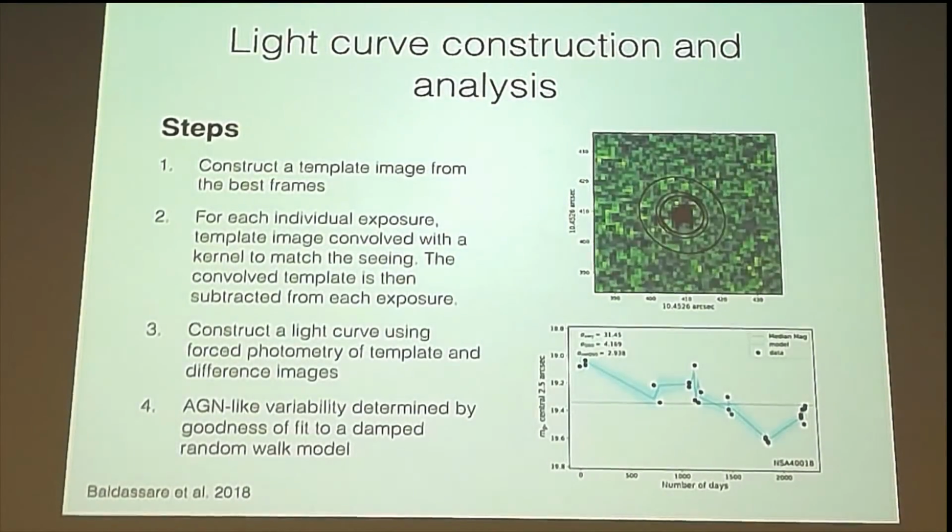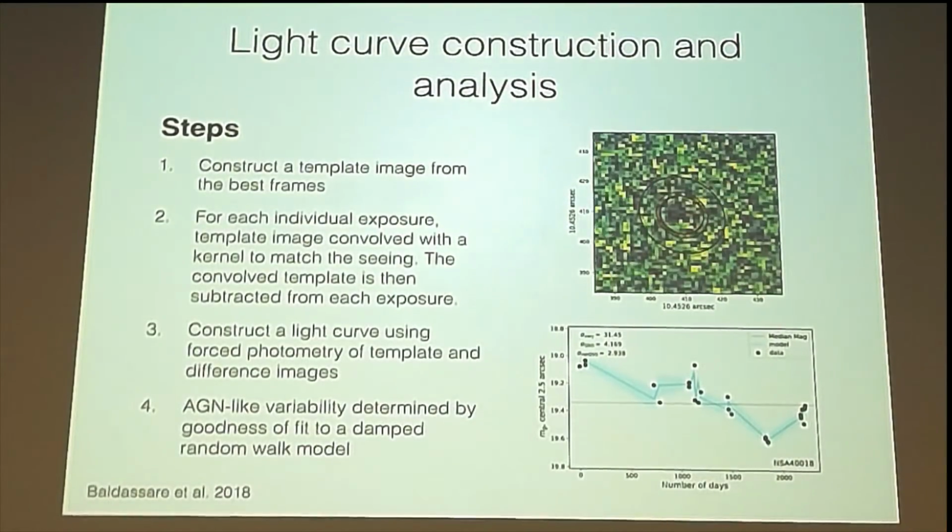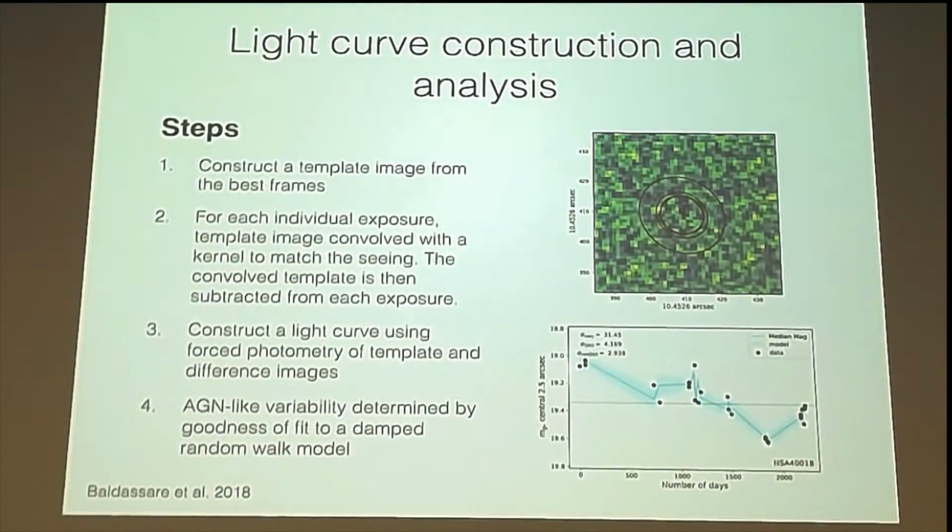Again, the gray points are the data, and the blue line is the best fit damped random walk model, which describes AGN variability pretty well. So we search for objects that are variable and well described by this damped random walk. The blue line is showing the model, and the shaded region shows the model uncertainties. This is an example of a galaxy that we found to have AGN-like variability.